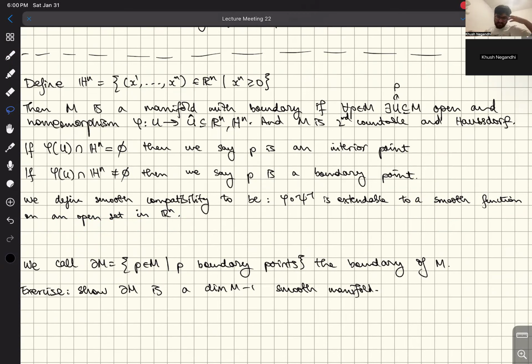And the way we defined smoothness of functions was on open sets. So the way you define smoothness on these weirder sets is you say that if you can extend it into some open set containing this new set, and the function is then differentiable at all the points in the space, then your function is smooth.